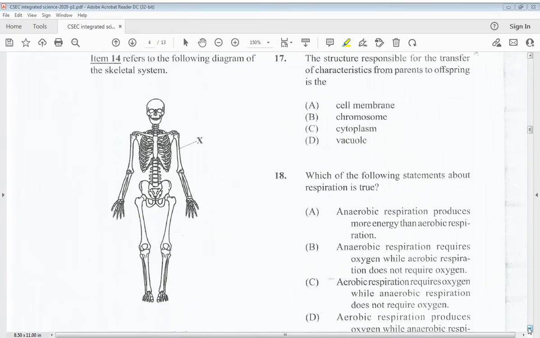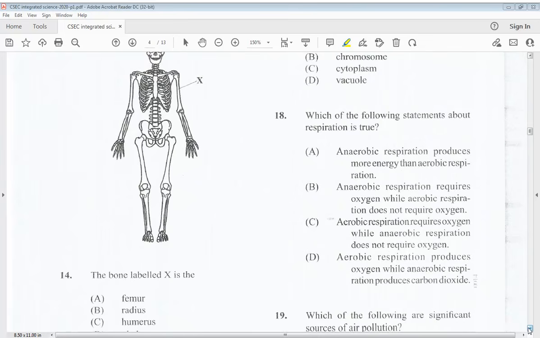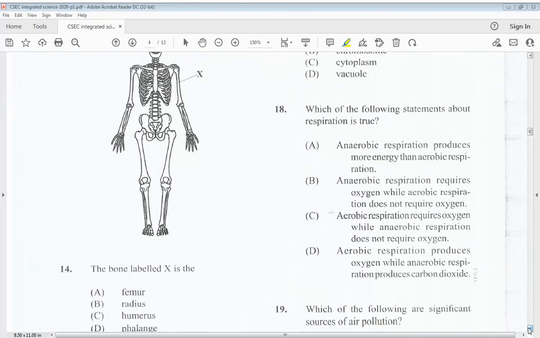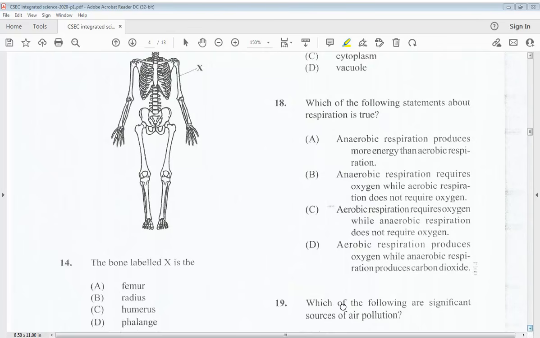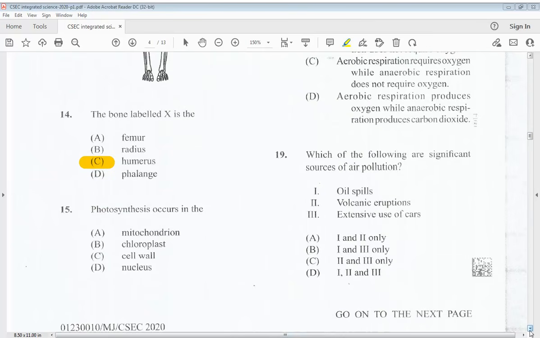Here we have a diagram of the skeletal system. It asks us about the bone labeled X. What's that? So we know it would be C. Let's go to number 15.